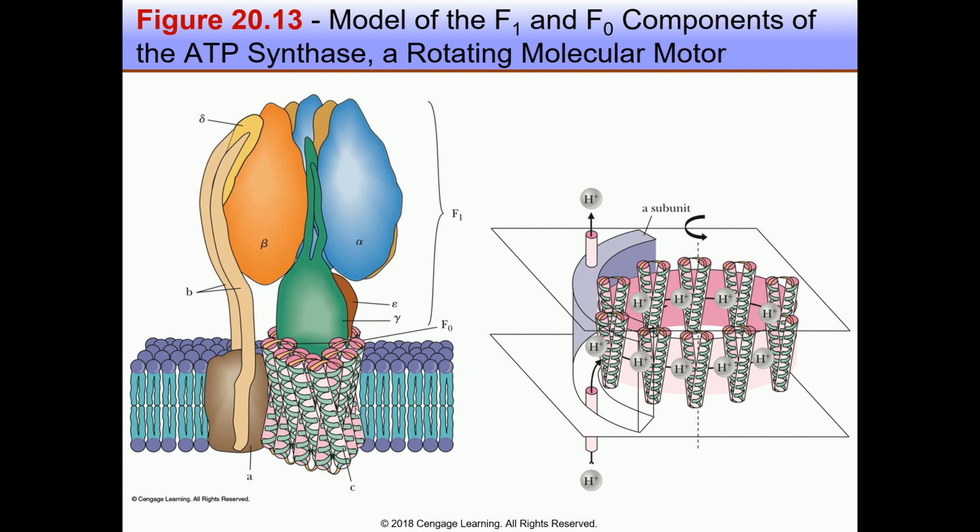So this F1 part is made of 3 alpha chains and 3 beta chains, and the beta subunits actually go through conformational change.